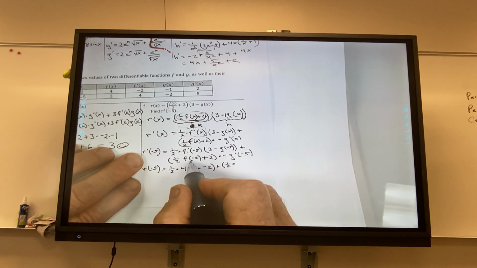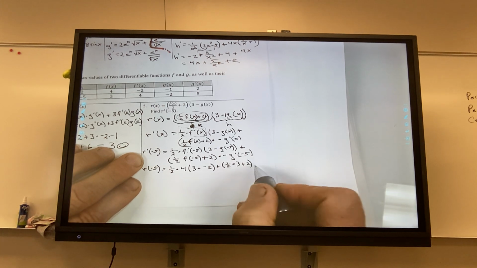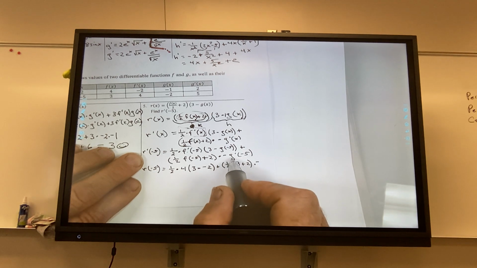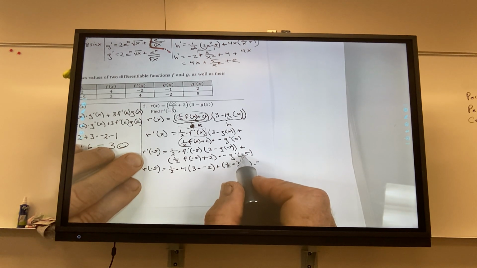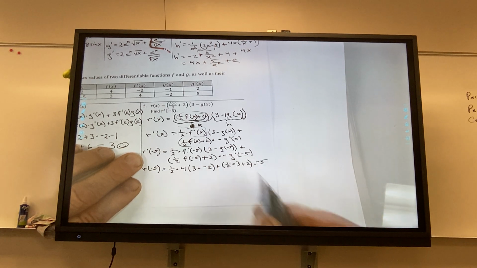What's f of -5? Plus 2 times a negative. What's g prime of -5? And I gotta make it negative because of the negative sign, correct? Yes. Alrighty.